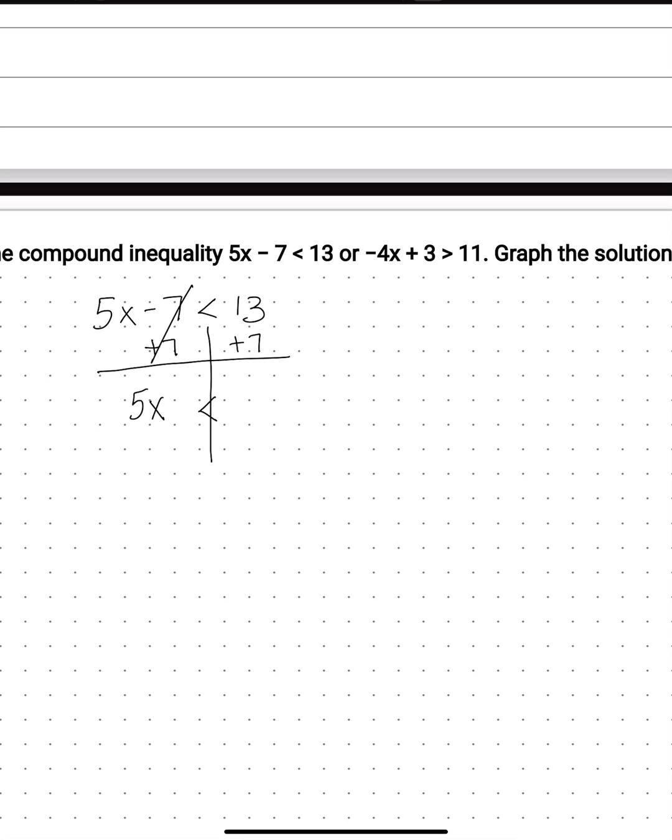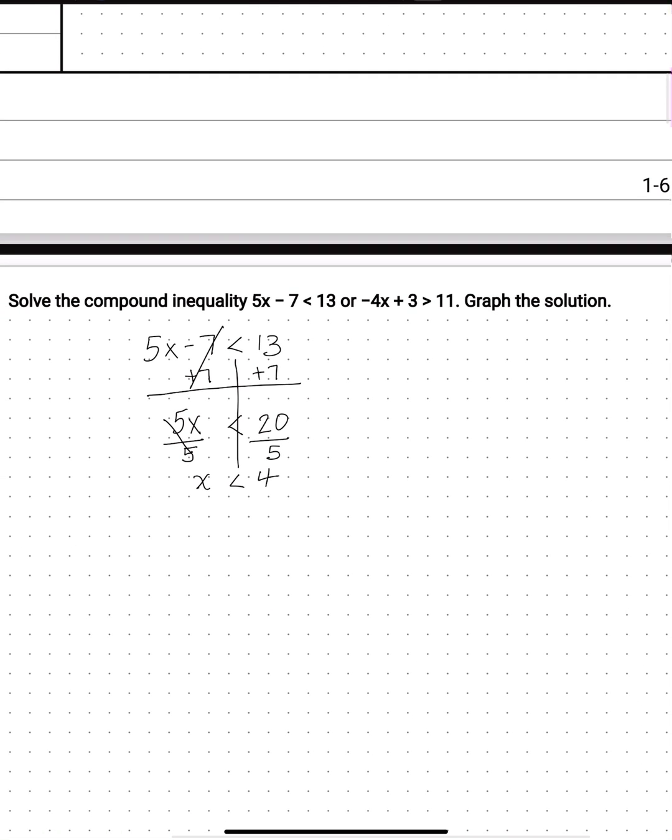And then 13 plus 7, we get 20. Our next step to isolate the variable x would be to divide by our coefficient 5 to get the x by itself. Because we're dividing by a positive number, the inequality symbol stays the same. 20 divided by 5 is 4.